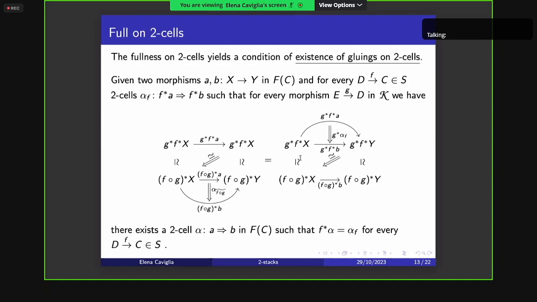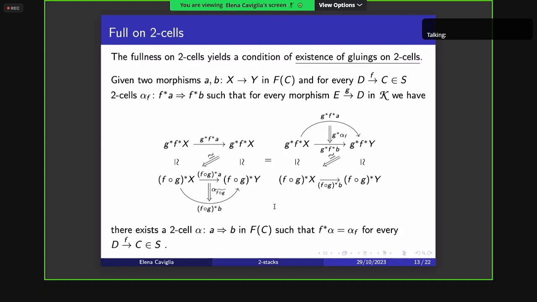And so this compatibility condition is saying that essentially G star alpha F and alpha F composed with G tilde are the same. So here we have an equality, and these 2-cells that we have are just given by the fact that F is a trihomomorphism.